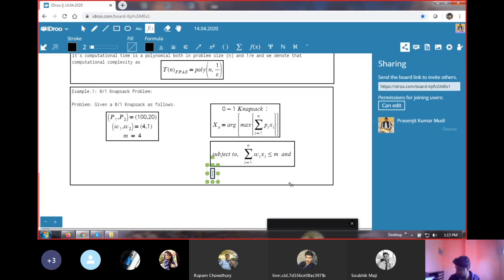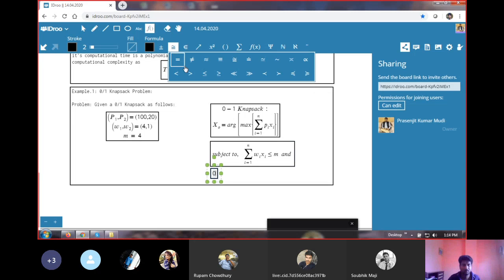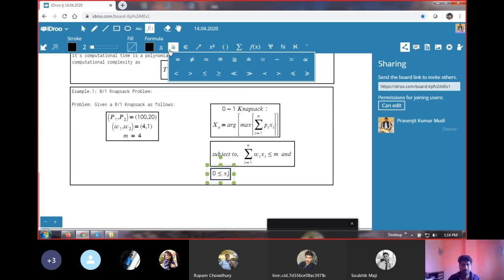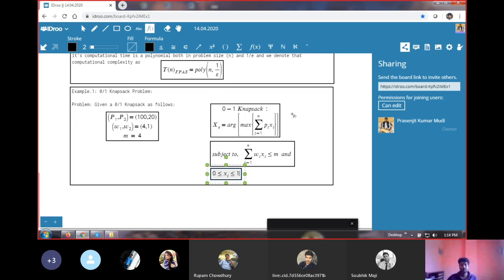And m is the capacity of the knapsack. So this is 0 by 1, so xi belongs to the set 0 or 1.